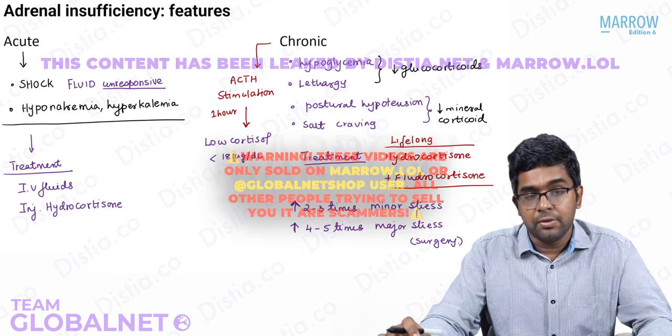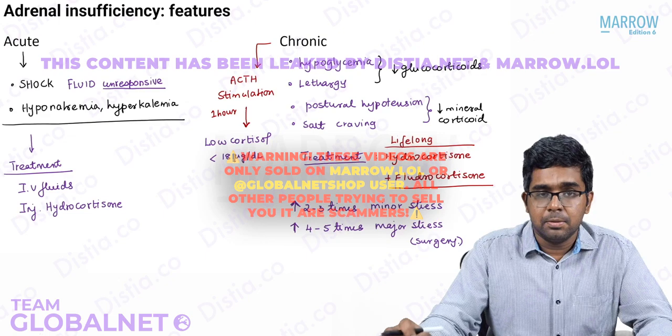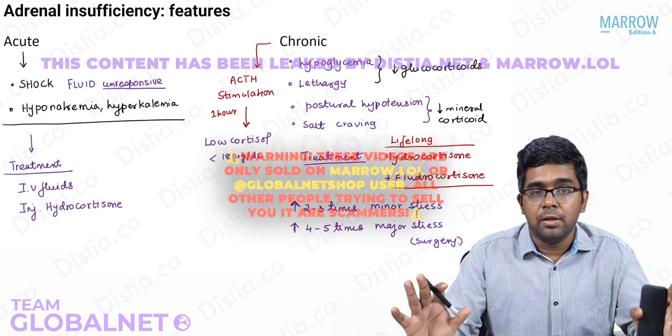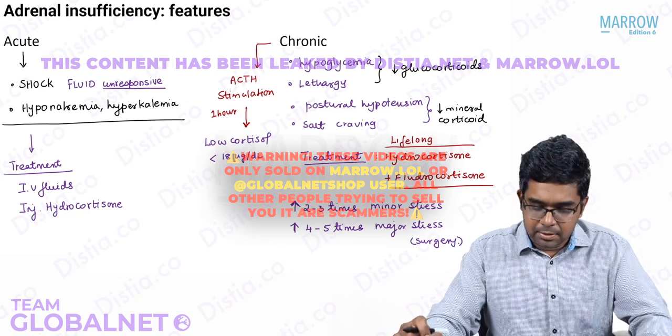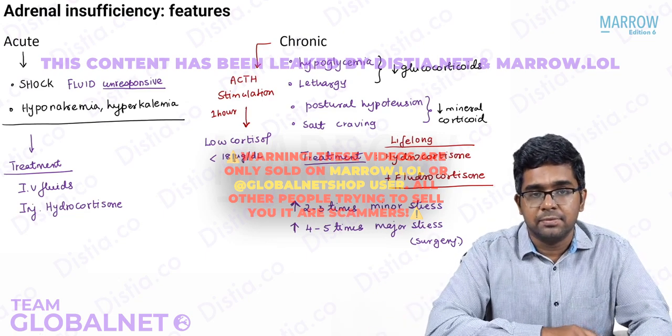Conditions like that, you require very high doses of steroids. So please remember, the principle is simple: lifelong replacement of steroids with increase in dose at the times of stress. That is about the discussion of adrenal insufficiency.